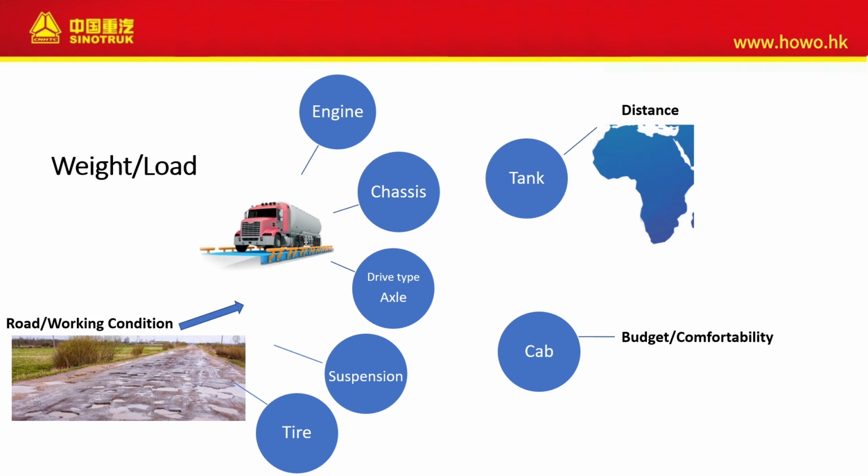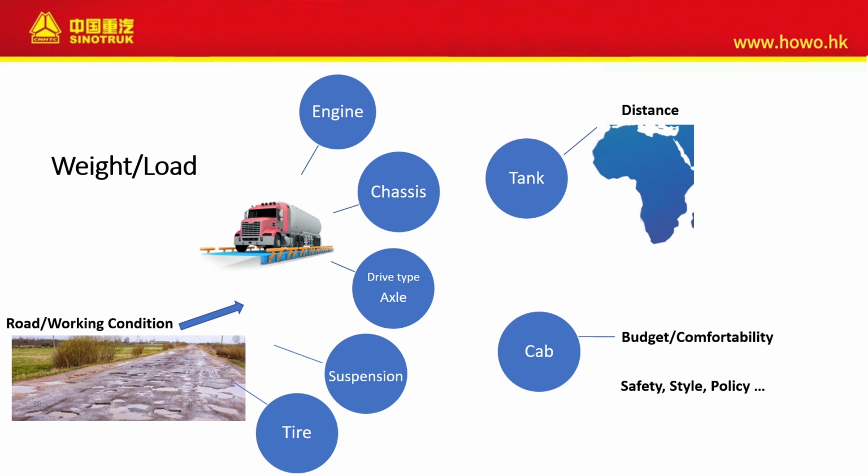And in the end, you have to also consider the safety of the truck, the style, the exterior or the interior design, if you like it or not. And also there's of course policy. For example, what's the engine emission standard in your country? It is Euro 2, Euro 3, Euro 4, or even higher. So you have to figure this out before you buy this truck.